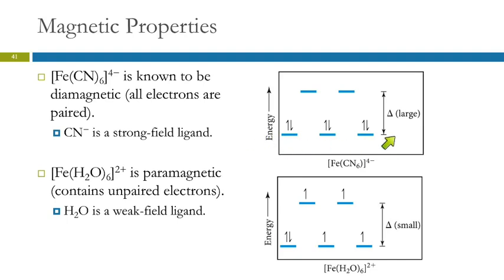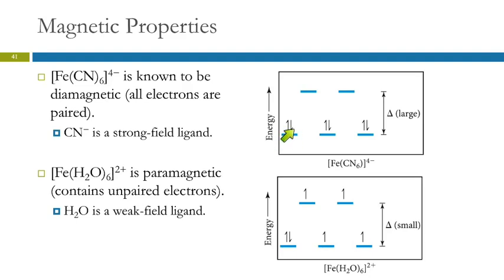So here, if we have the splitting, the difference in energy between the higher energy and the lower energy d orbitals, this is large, and here it's small. So we have 6 electrons to stick in here. We're going to go 1, 2, 3, and this next one says, I could occupy this orbital with another electron, or I could pay a large amount of energy to go up there.